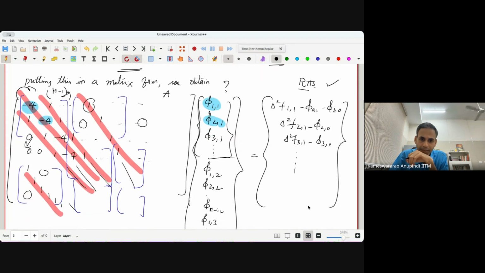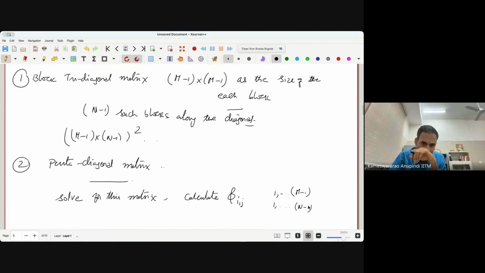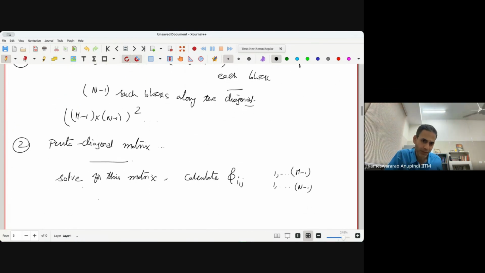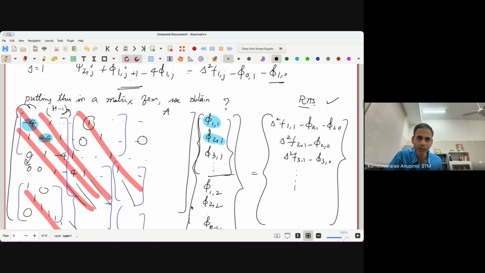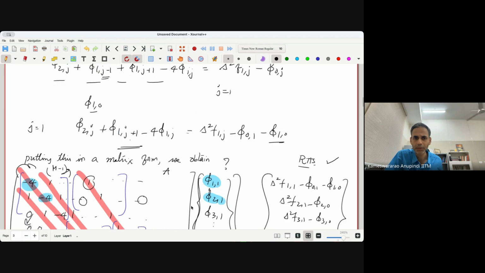So that is the idea. If you solve for this, this is going to be the direct method, a direct method of solution, because we are using the matrices to solve for this. Okay, any questions so far?